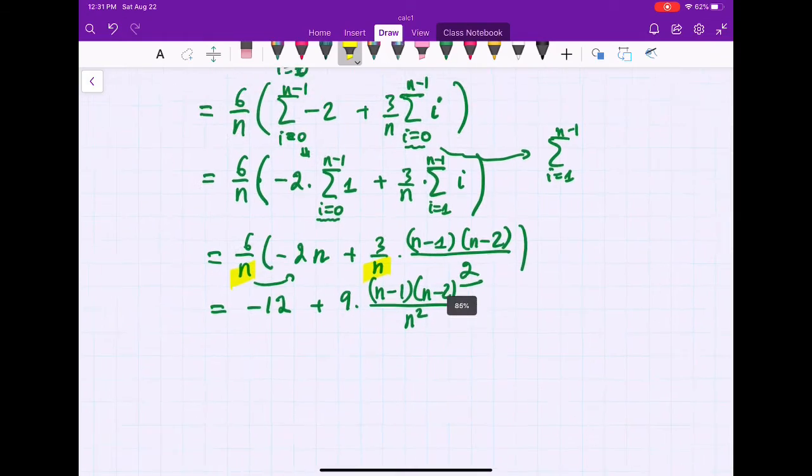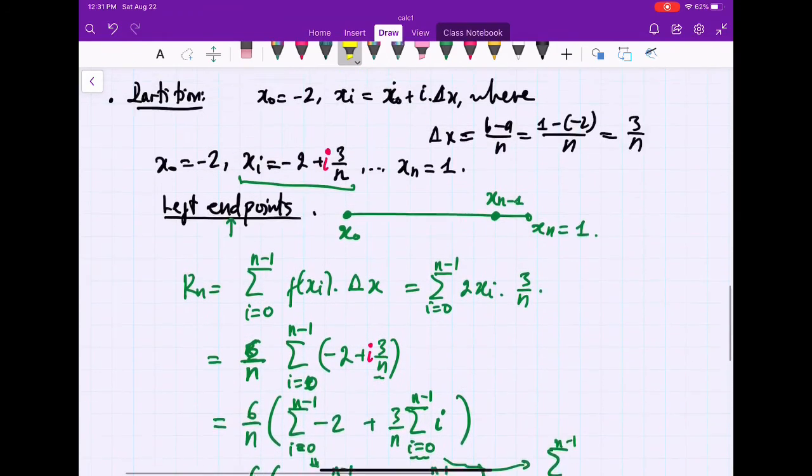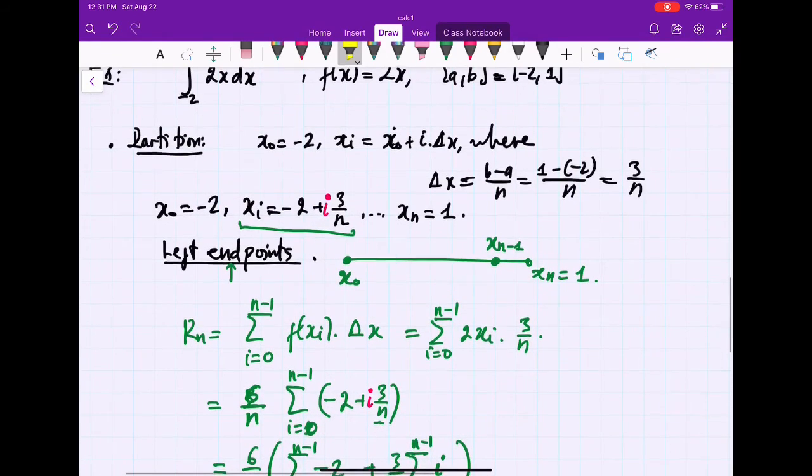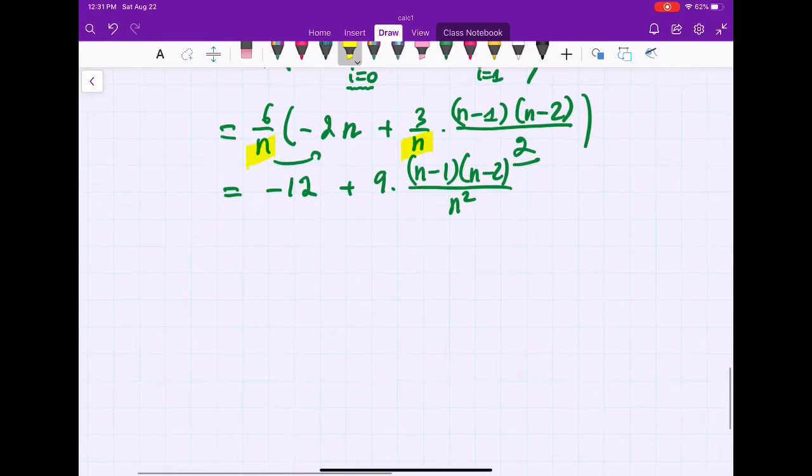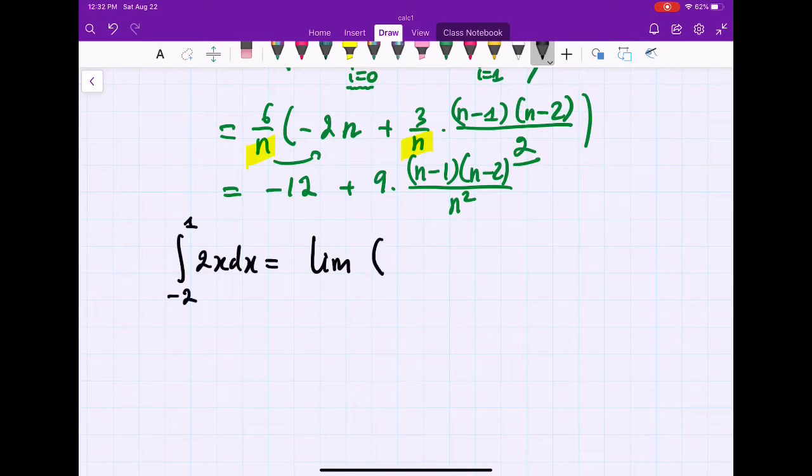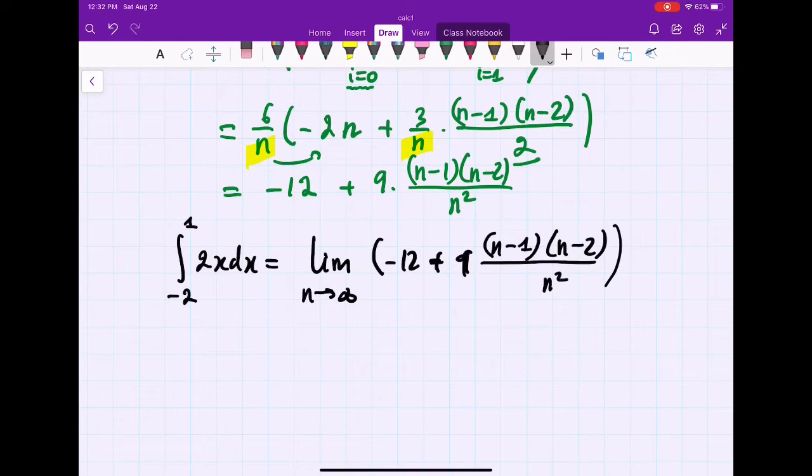Now, in order to find the definite integral, we need to consider the limit of this Riemann sum, right? So I can write in here, the definite integral from negative 2 to 1 of 2x dx is equal to the limit of negative 12 plus 9 times n minus 1, n minus 2 over n squared, as n approaches infinity.